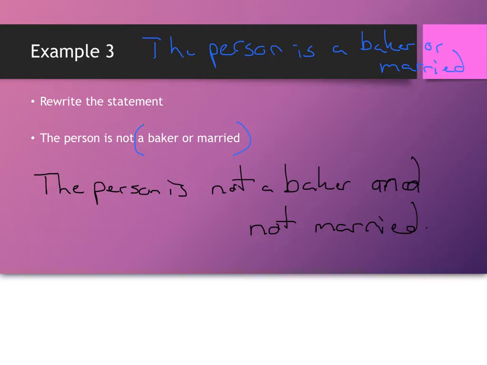All right, I stated that badly, but basically the person is not a baker and the person is not married. This negates the original statement that says the person is a baker or married. Okay, so if I say the person is either a baker or the person is married, to prove me wrong, you have to show that it's not a baker, and you also have to show that the person is not married. And I hope that makes sense.